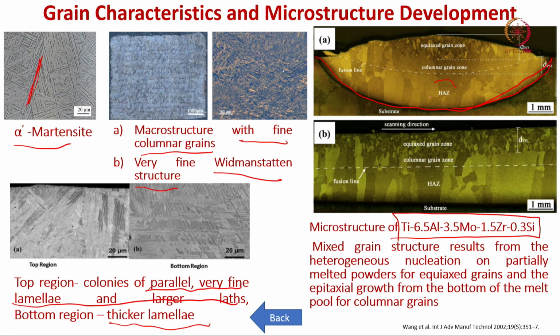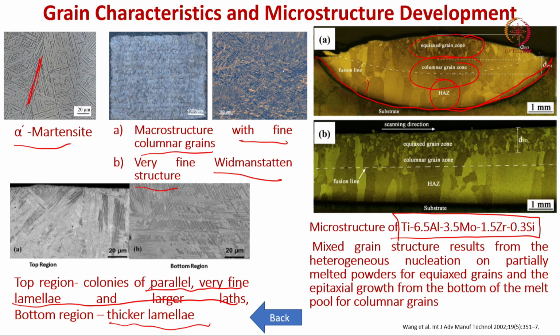This heat affected zone typically develops during welding, and welding can take place in different processes. Those who are from a mechanical engineering background remember these welding processes can be MIG welding, TIG welding and so forth. So, typically you have the equiaxed grain zone, then you have a columnar zone.